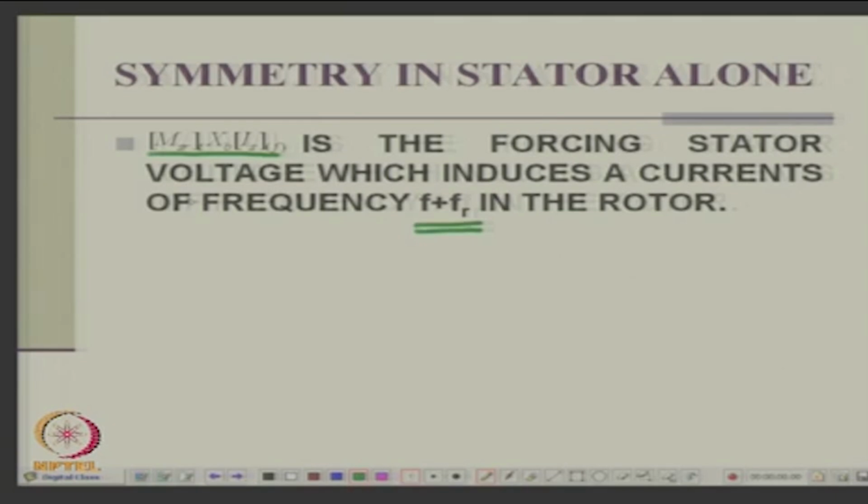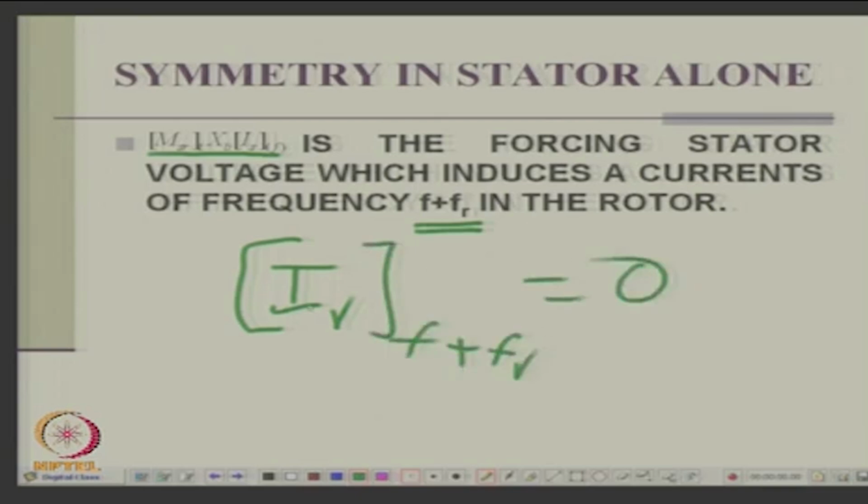We want to know whether there is f plus fr or not. And I think you will discover that the rotor current of frequency f plus fr is 0, because stator is symmetrical.